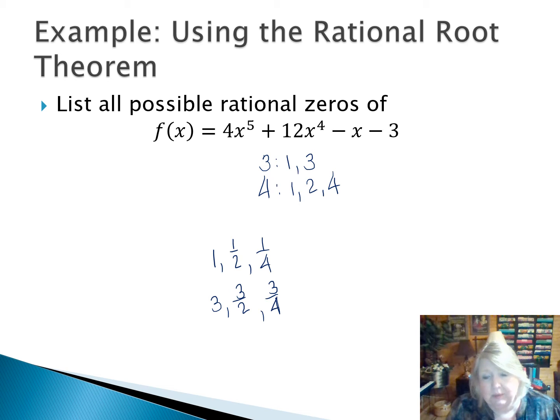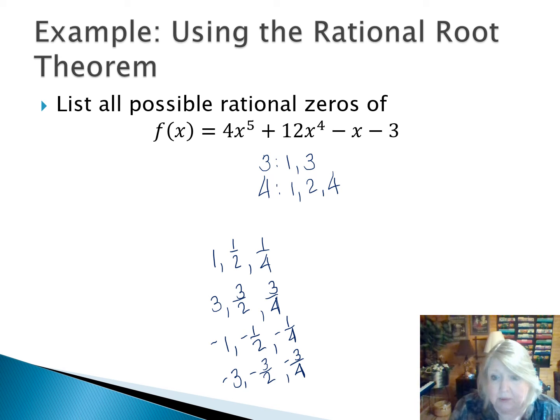But the ones that we better not forget are negative 1, negative 1/2, and negative 1/4, and negative 3, negative 3/2, and negative 3/4. So we may not be too happy with all the fractions, but we've got 3, 6, 9, 12 possible zeros out of infinitely many numbers.